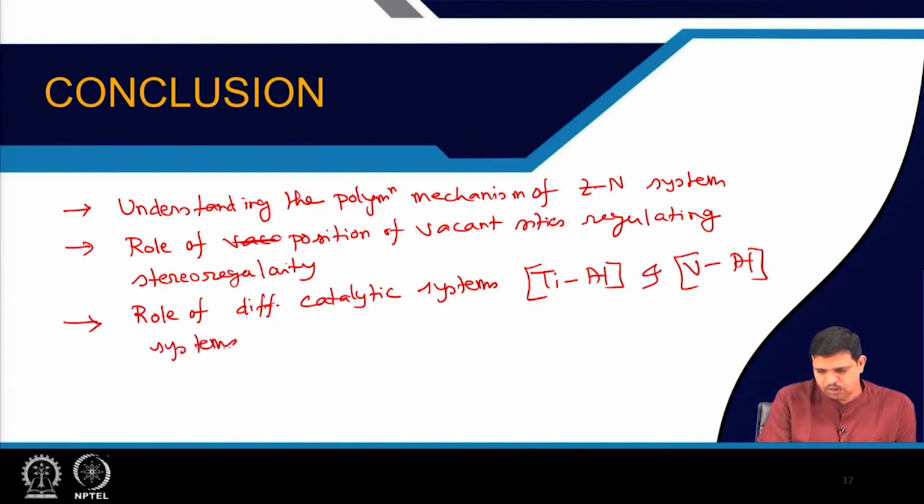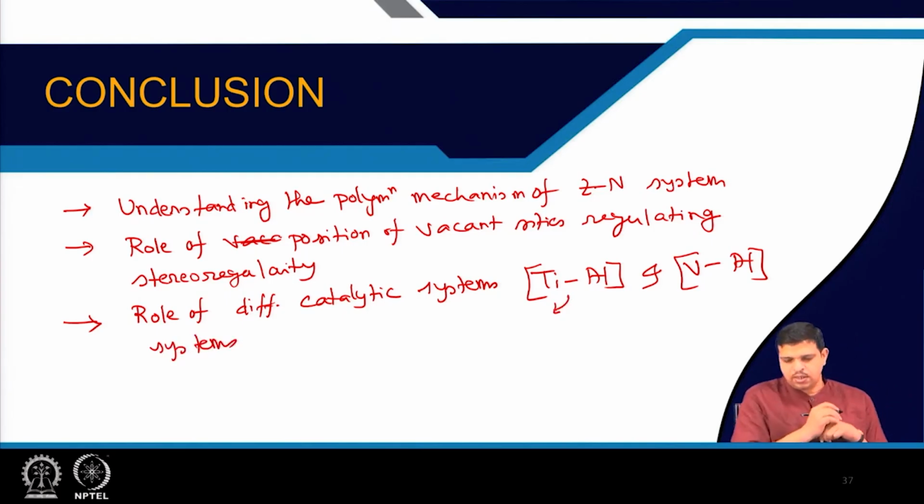So here you see that for titanium aluminum it is also very important to understand how the stereoregularity is maintained by using the different titanium analogues, because now we have well understood that in the polymerization, the stereoselectivity is maintained by the titanium analog, and more specifically it is due to the different crystalline phases of the titanium analogs.